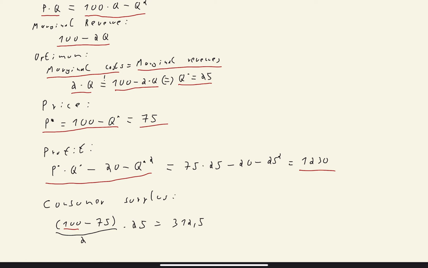From this, we subtract the equilibrium price of the monopolist, which is 75, and divide this by 2, because if you remember the graphical interpretation of the consumer rent, it was a triangular area below the inverse demand function. Then we multiply by 25, which is the quantity traded in equilibrium. This gives us 312.5, which is then the consumer rent.